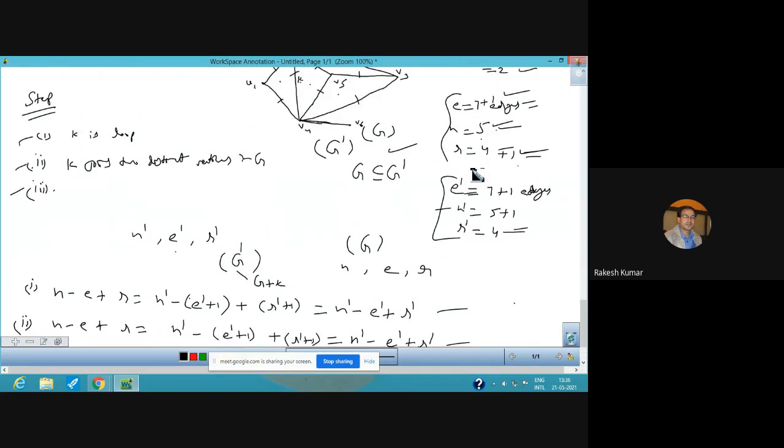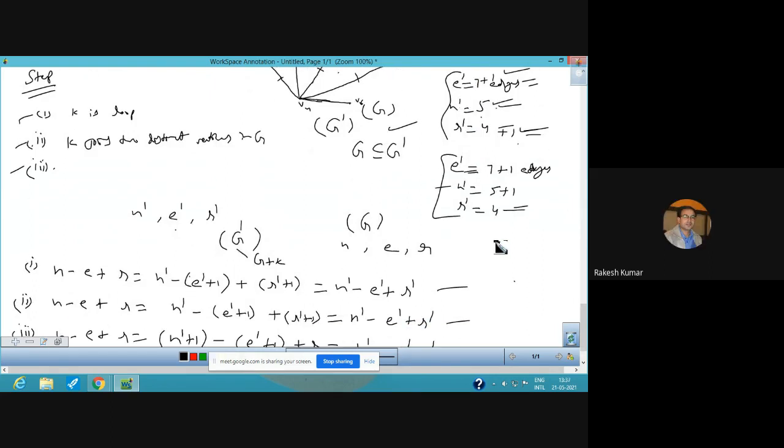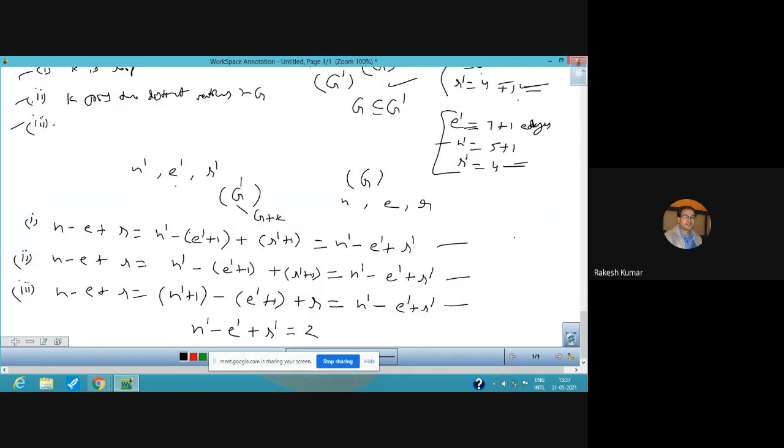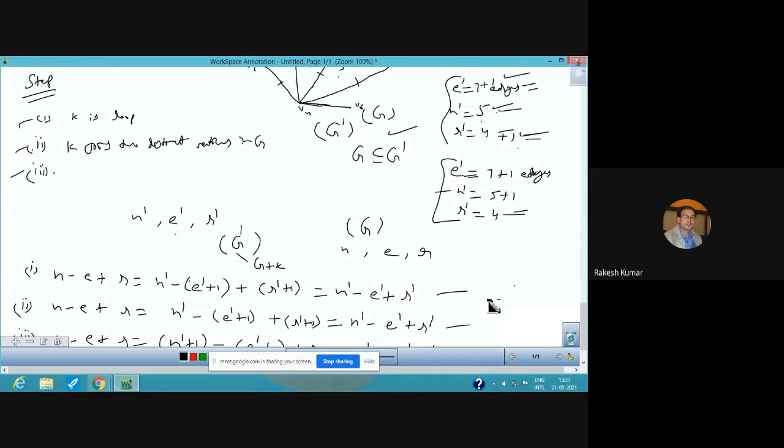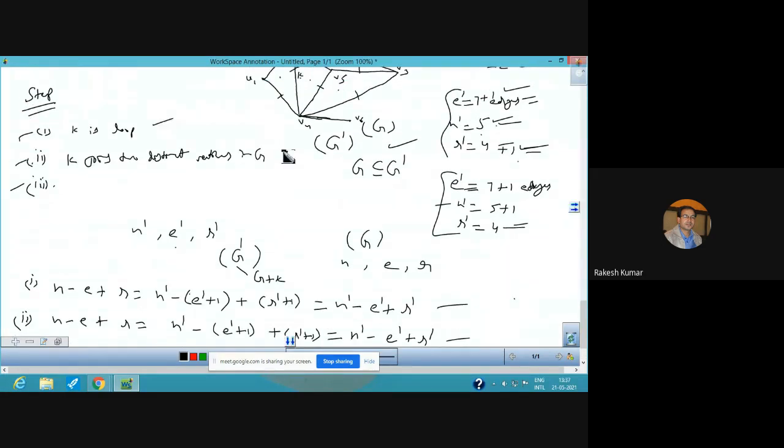So in the third case, n dash is equal to 6, E dash is 8, and R dash is 4. So what is the value we will get? 2. The formula is justified. And similarly it will be the case for the first two cases also. The formula is justified for both of them too.